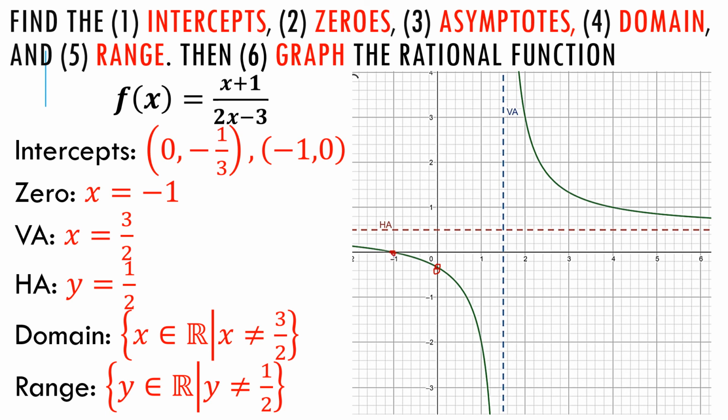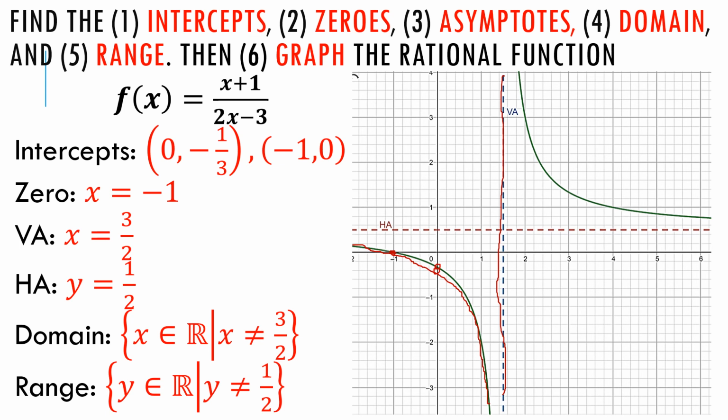Yan yung x-intercept. Tsaka ang domain niya, lahat daw ng values ng x, ibig sabihin, lahat dito, okay, meron siya, pero hindi talaga siya nag-cross sa 3/2. Walang value ang x dito sa 3/2. Okay.